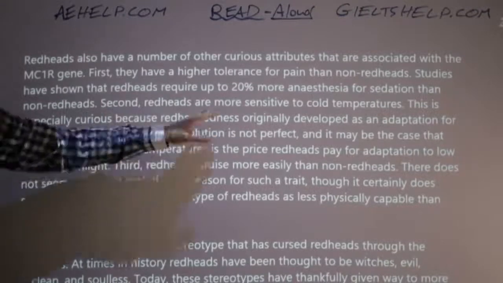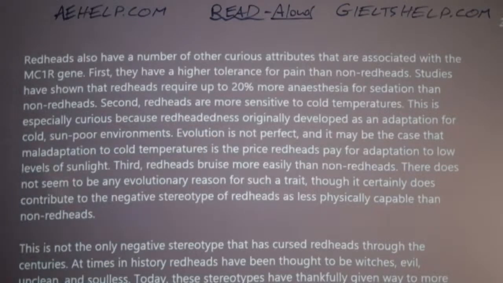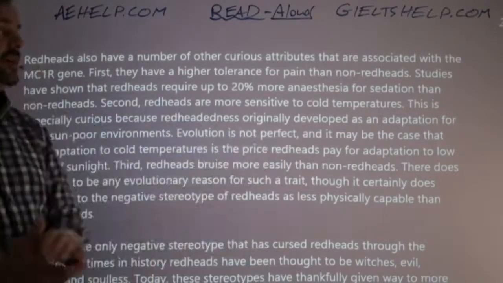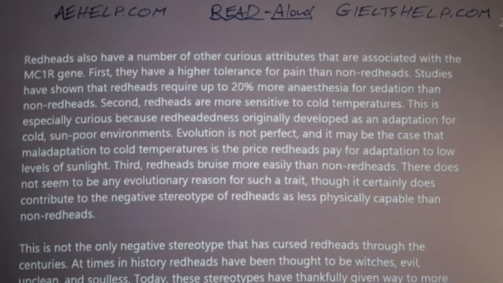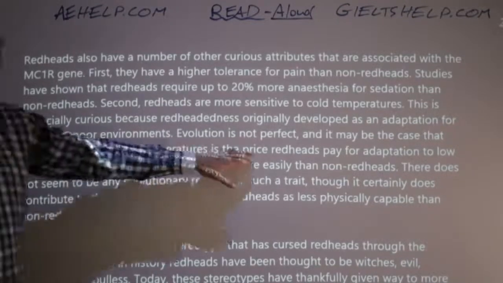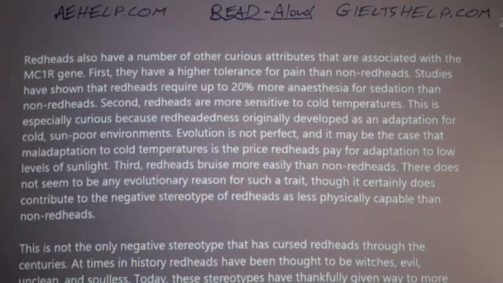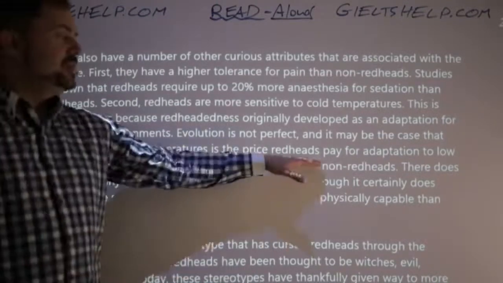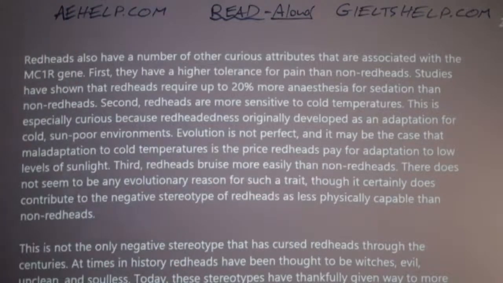Second, redheads are more sensitive to cold temperatures. This is especially curious because redheadedness originally developed as an adaptation for cold, sun-poor environments. Evolution is not perfect, and it may be the case that maladaptation to cold temperatures is the price redheads pay for adaptation to low levels of sunlight.